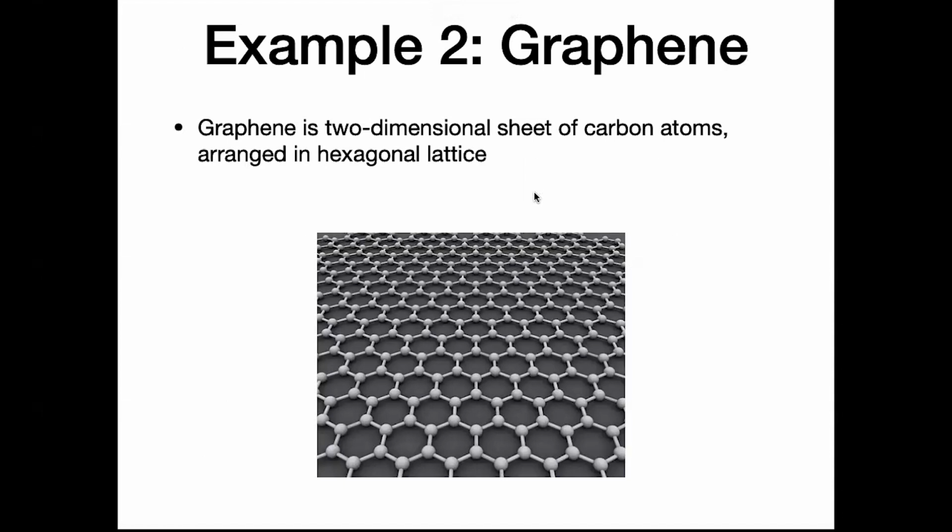Perhaps most people here have heard about a breakthrough in condensed matter physics and material science some years ago, when people managed to take out one sheet of carbon atoms from graphite, which is a three-dimensional material, and study the lattice of carbon atoms arranged in a hexagonal lattice like this, and that material is called graphene. Graphene is a two-dimensional material, a two-dimensional sheet of carbon atoms arranged in a hexagonal lattice.